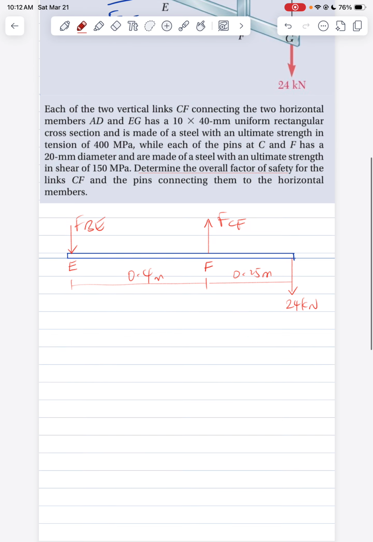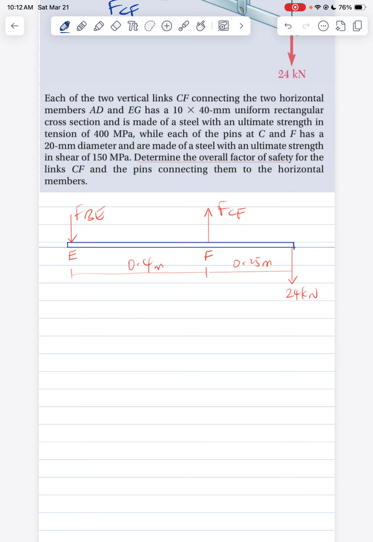So we take moments about E equal to 0, with anti-clockwise as positive, right?